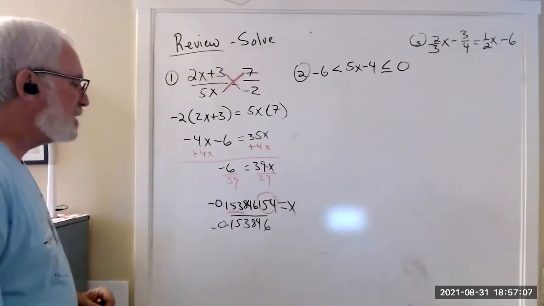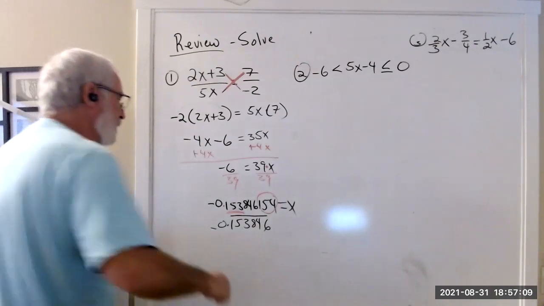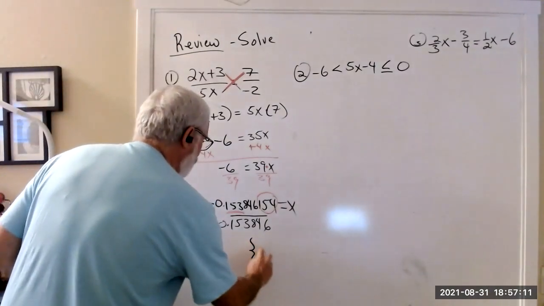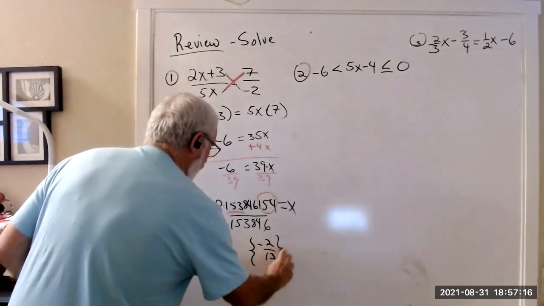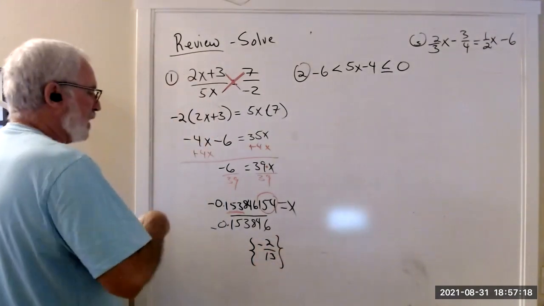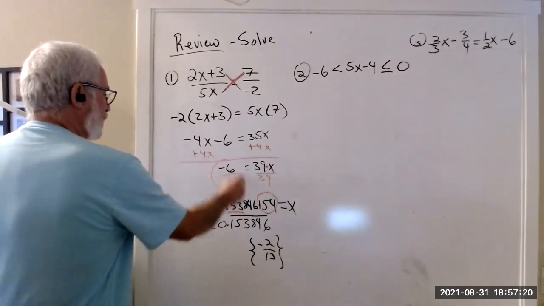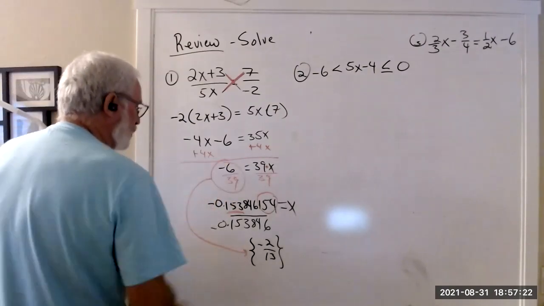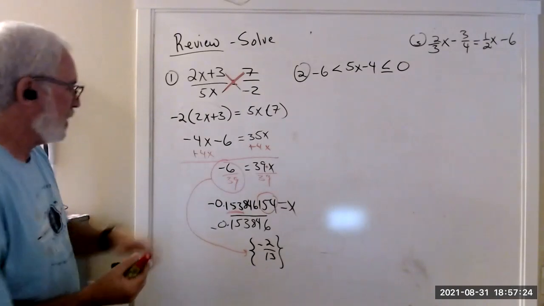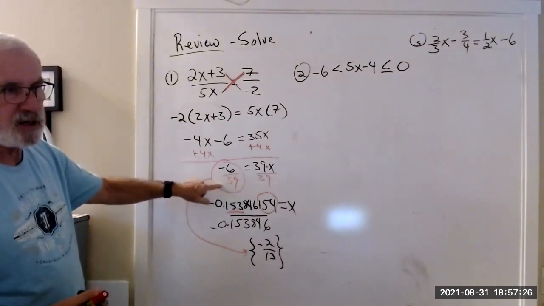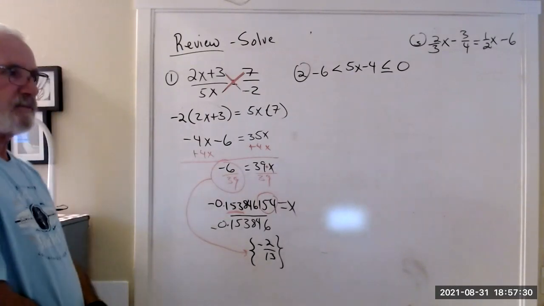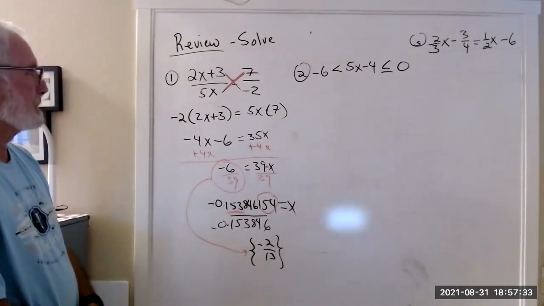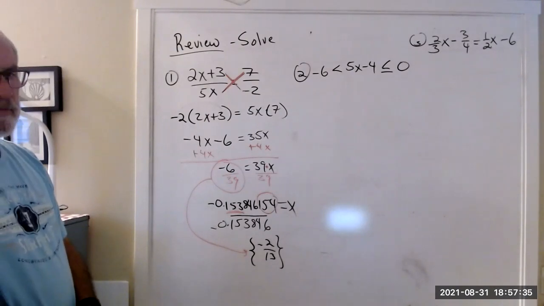So an easier answer would be to say solution set negative 2/13. And what did I do? I took this as a fraction. I reduced it. I said 3 goes into 6, 3 goes into 39, divided in both. And I get that. Is that okay with everybody?